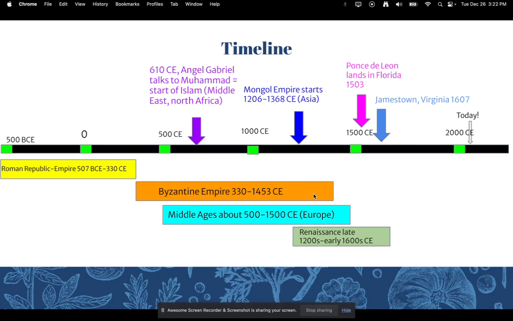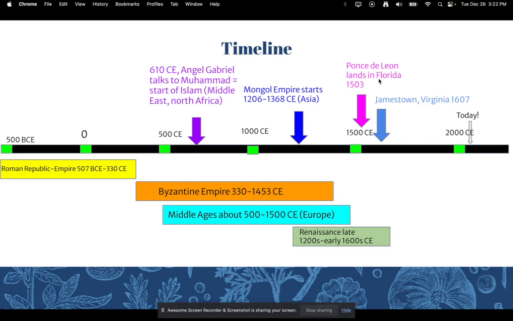It's really interesting to note that when we think about the Middle Ages, we think, oh my God, that was so long ago. Those people lived forever and ever ago. Which they did, right? It was over 500 years ago. But to put it into perspective, the Middle Ages end roughly about 1500. Only 3 years later, Ponce de Leon, who was a famous explorer, lands in Florida.